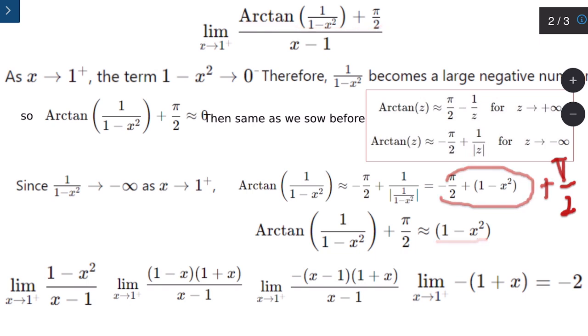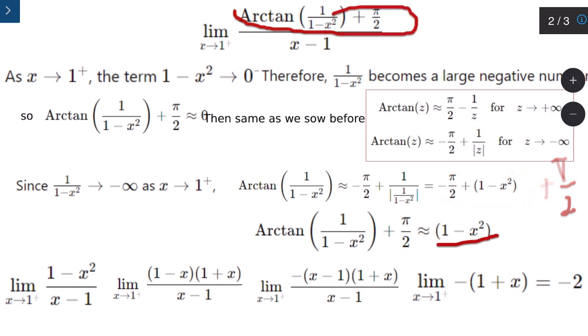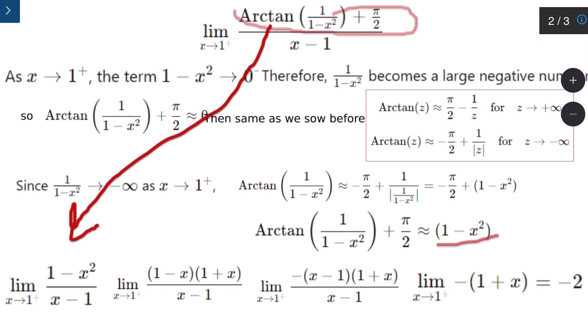Now it is easy to calculate the limit. We replace this with its value, which is this, and we calculate the limit. So the limit of this above will be equal to this limit. Now you can see 1 squared minus x squared. You can write it as a multiplication of 1 minus x times 1 plus x.